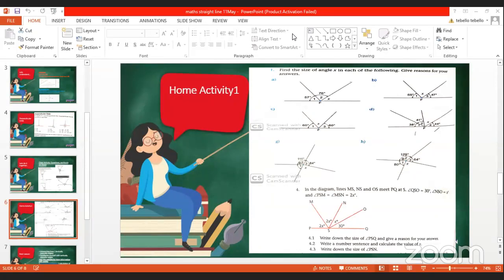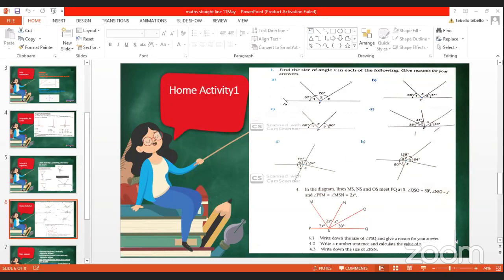Okay, guys, let's do this. For number 1A, they say find the size of angle X in each of the following. Give reason for your answer. For number 1A, our straight line represents 180 degrees.